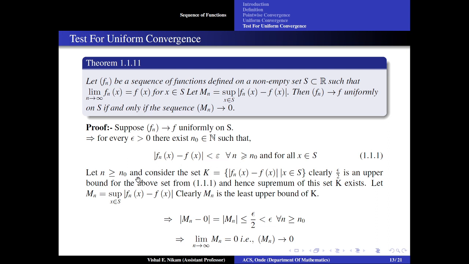Now, let n be greater than or equal to n naught and consider the set K, defined with the help of mod fn of x minus f of x such that x belongs to S. Clearly, epsilon by 2 is an upper bound for this set because mod fn of x minus f of x is less than epsilon.